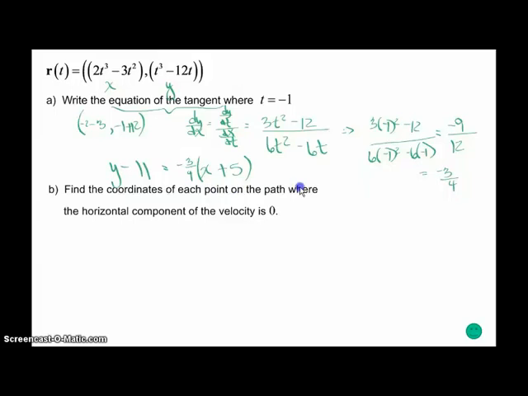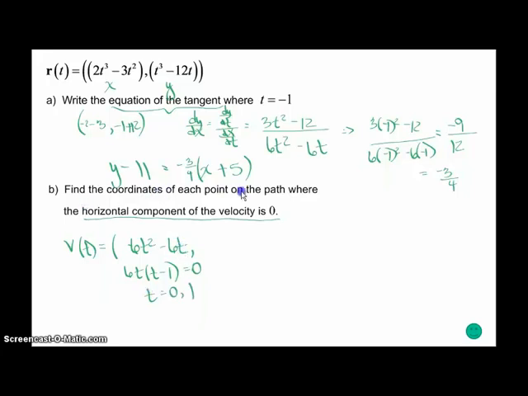Find the coordinates of each point on the path where the horizontal component of velocity is 0. Well, we've got to find the velocity vector. The horizontal component is 6t squared minus 6t. We need to know where that equals 0. So I'm going to factor that. That's true at t equals 0 and t equals 1.